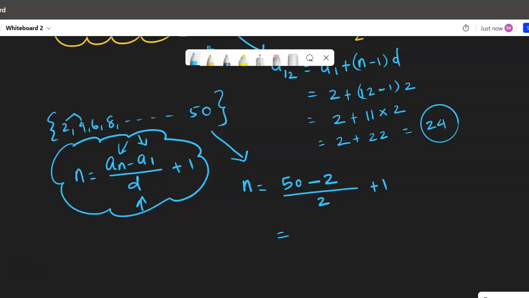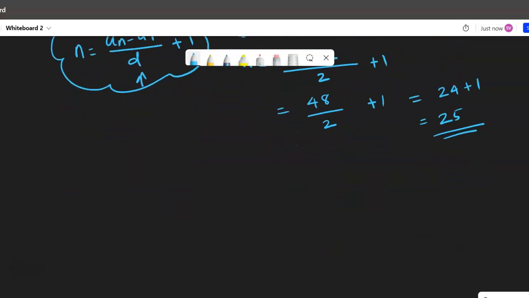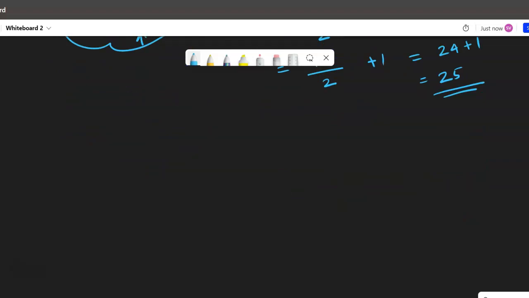So 50 minus 2 is 48, divided by 2, plus 1. That is 48 divided by 2 is 24, plus 1. The answer is 25. So the total number of terms in this sequence is 25. We can use that formula to find the number of terms of an arithmetic sequence.